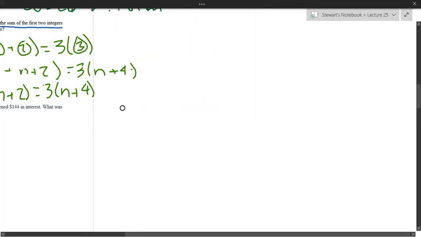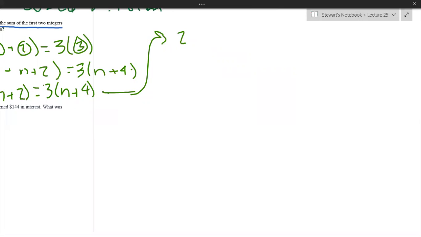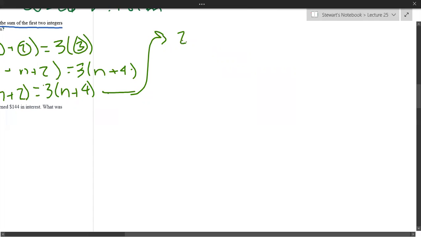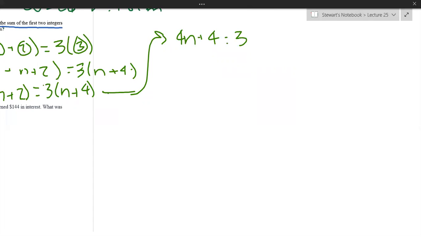Okay, so now we can distribute on both sides. 2 times the quantity n plus 2 would give us, oh, I'm sorry, that's not right. We have 4n plus 4 is equal to 3n plus 12.